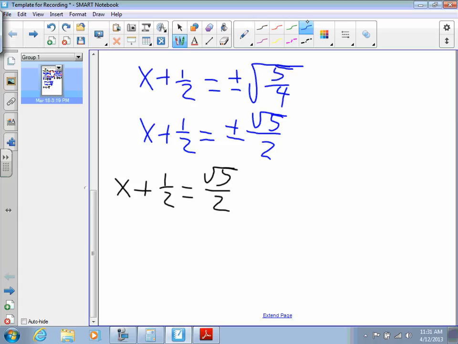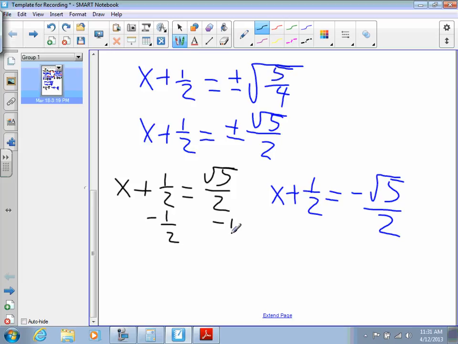And over on this side, x plus 1/2 equals the negative square root of 5 over 2. Okay. And then we subtract 1/2 from both sides.